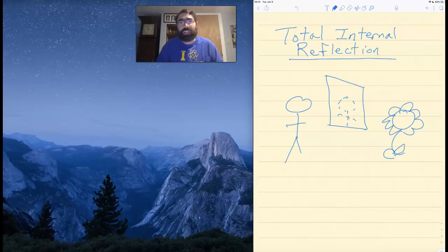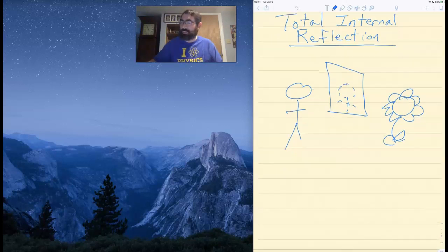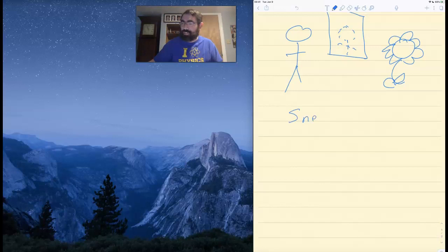So I wonder, why is it I can see light coming through the glass, but I also see light that's reflected off the glass in the window? And it actually comes about from a concept called Snell's law.